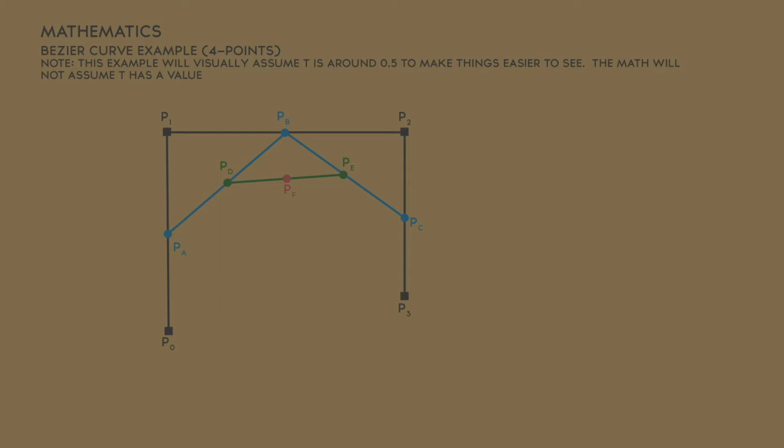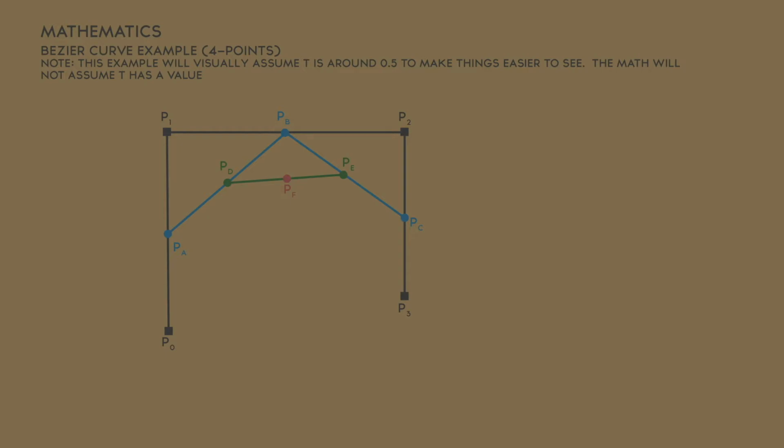We need to repeat this process until we get a resulting collection with only 1 point, which is our final point. So it can be 3 points or 50 points. The exact concept applies. We need to repeat the process until we only end up with 1 point at the end.